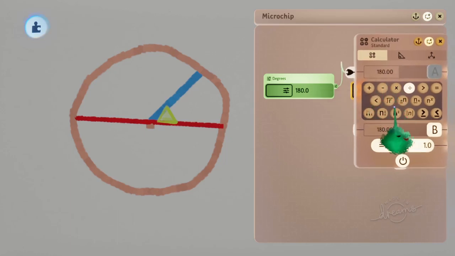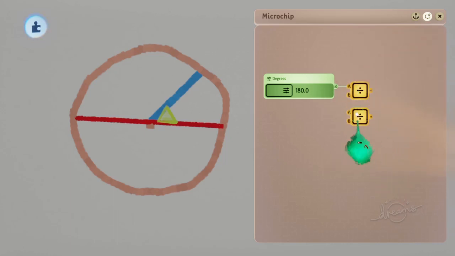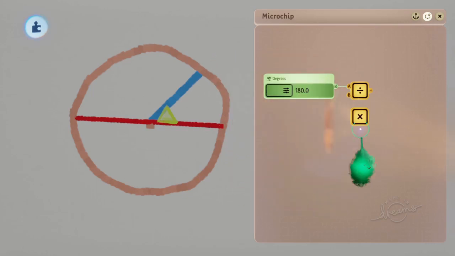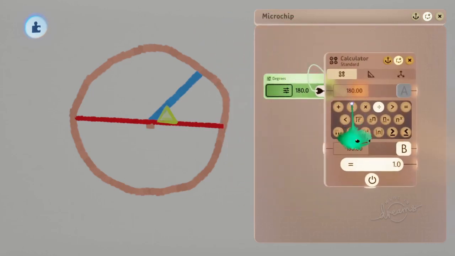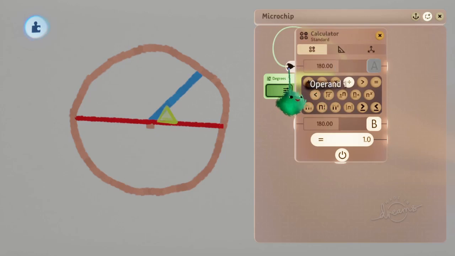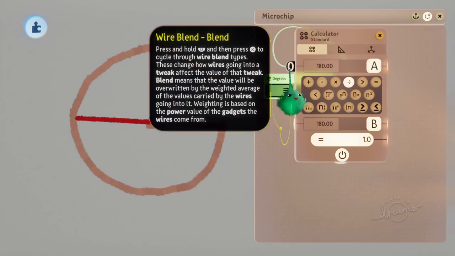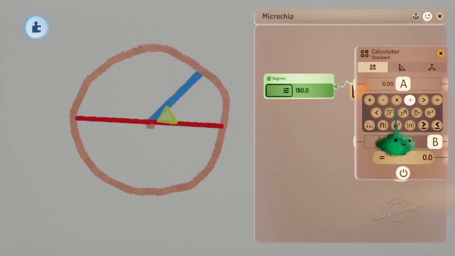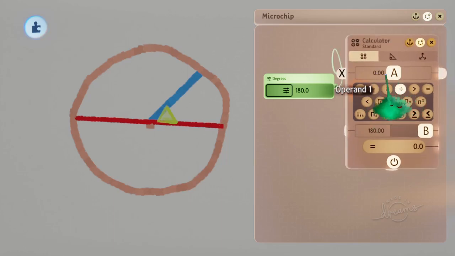And a shortcut for that, instead of using a whole other calculator and multiplying by pi, is you can use the modulate mode on the little input tab. If we hold L1 and use X, we can go to different input modes, wire blend modes, and modulate multiplies this incoming value 180 by whatever the actual slider says.